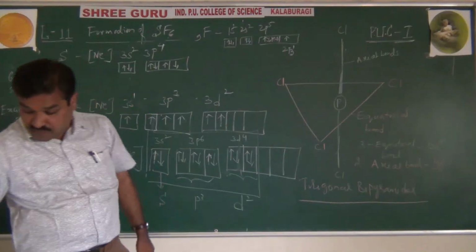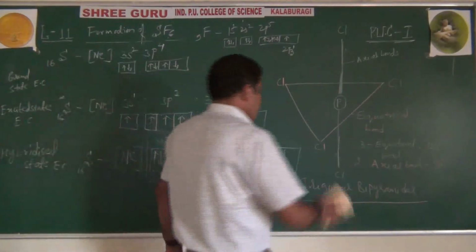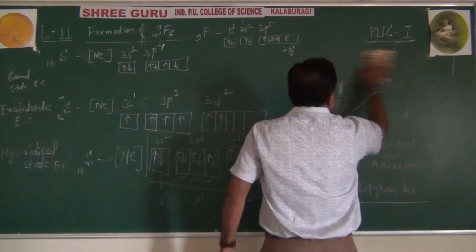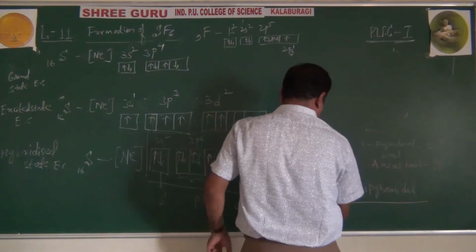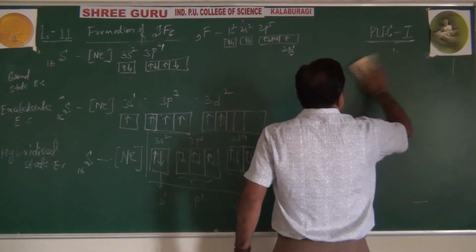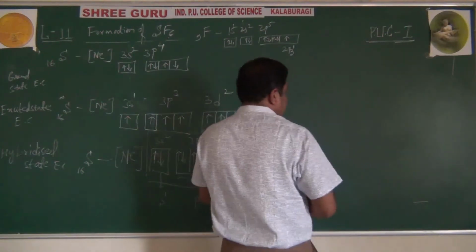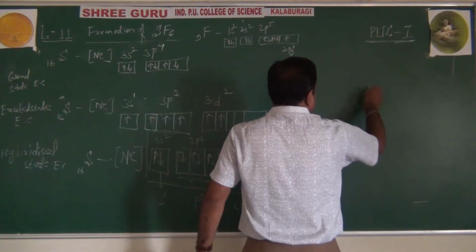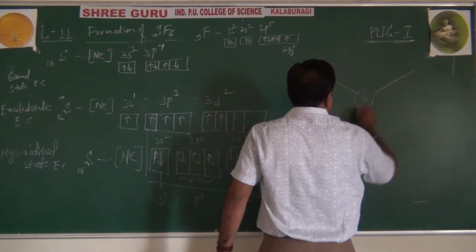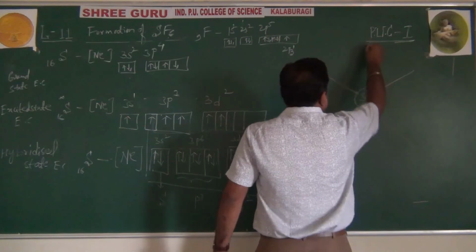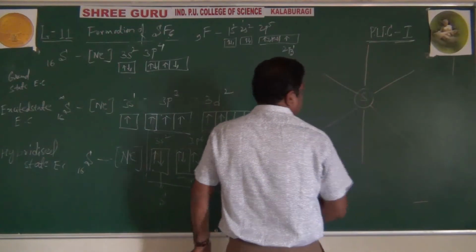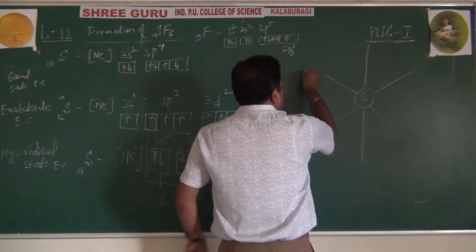to form an octahedral geometry. What is that octahedral geometry? I will show you. See, that octahedral geometry will be like this. Sulfur at the center. Okay. 1, 2, 3, 4, 5, 6. Like this. Right?